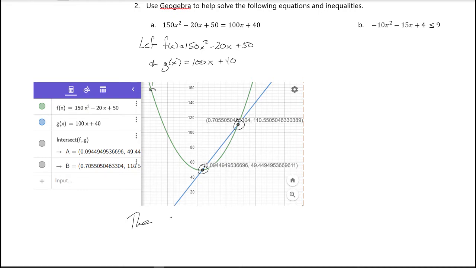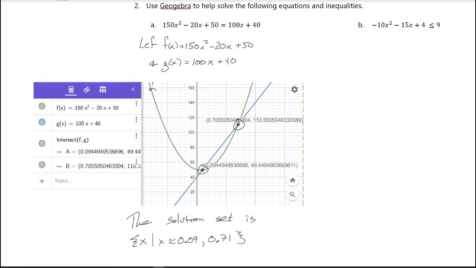So we can say the solution set is the set of x values such that x is approximately 0.09 and 0.71, rounding up from that 5 to the right there.